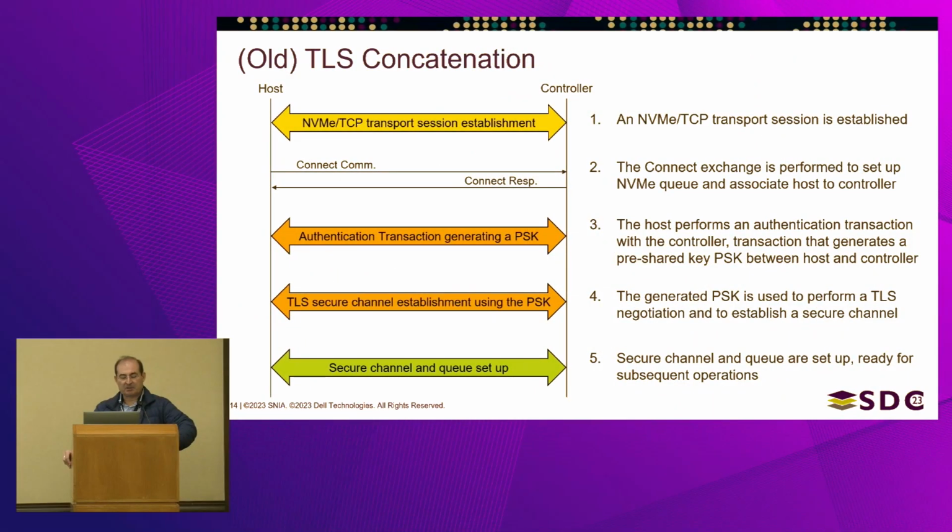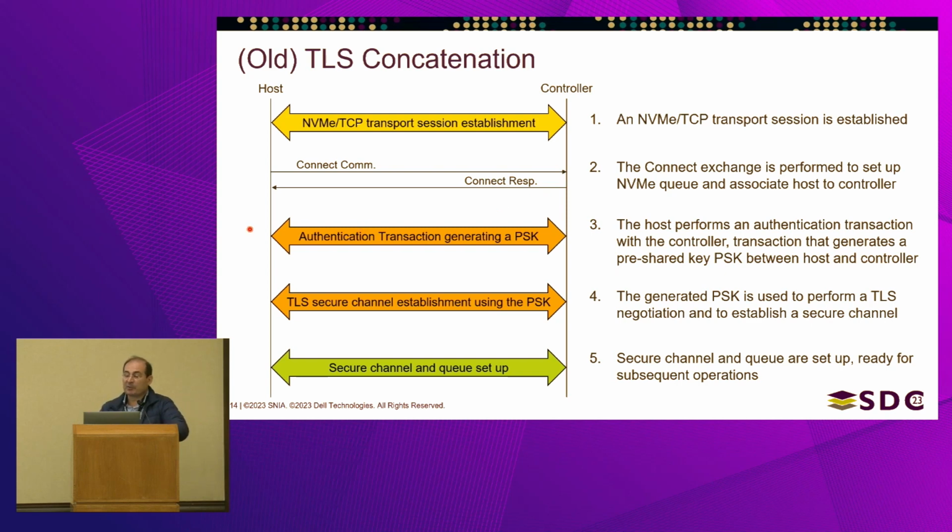And so we defined in the P811, look at this word "old" that I put here, this method of doing TLS concatenation in which we start with your TCP transport session establishment. You have your connect command to associate host and controller.